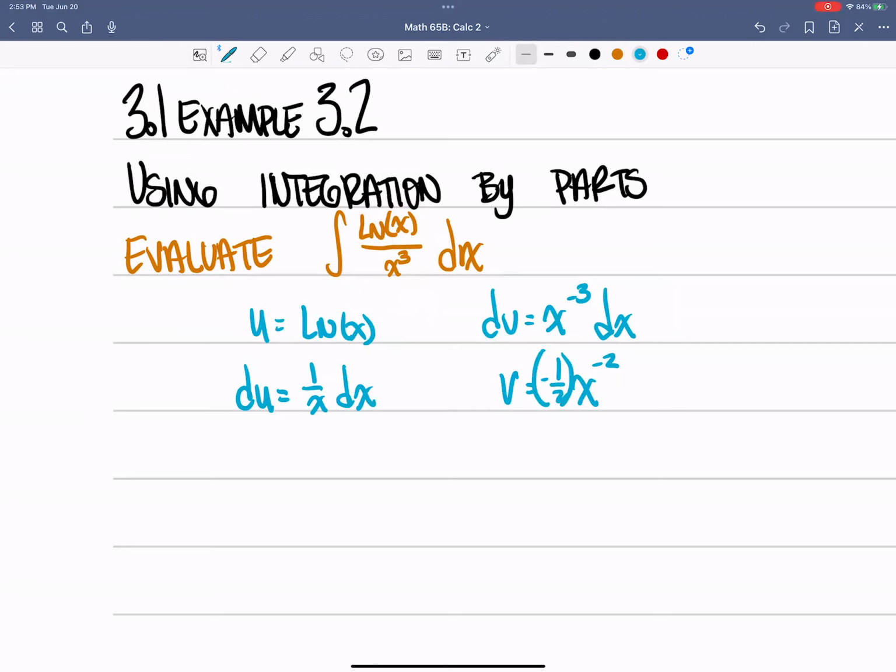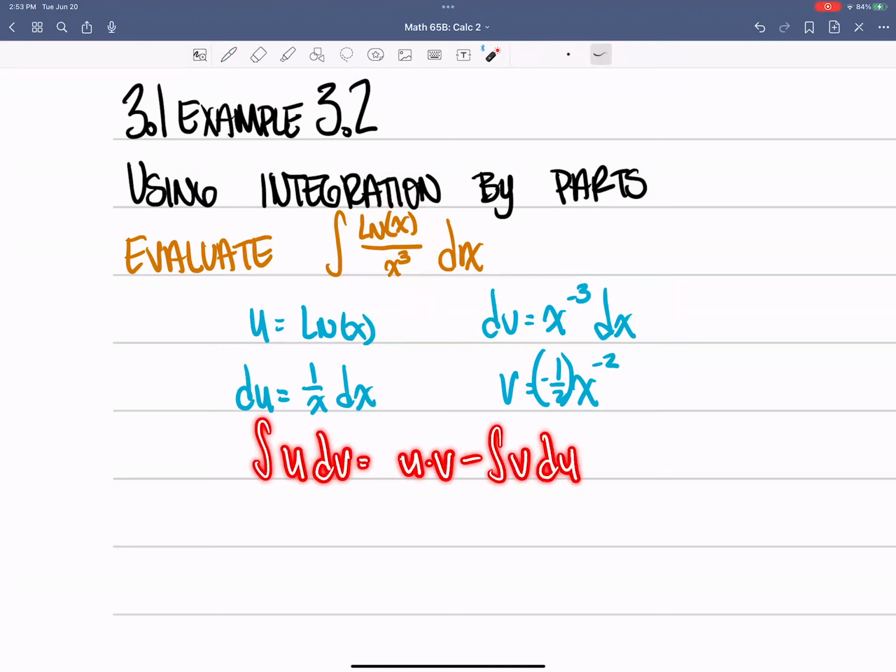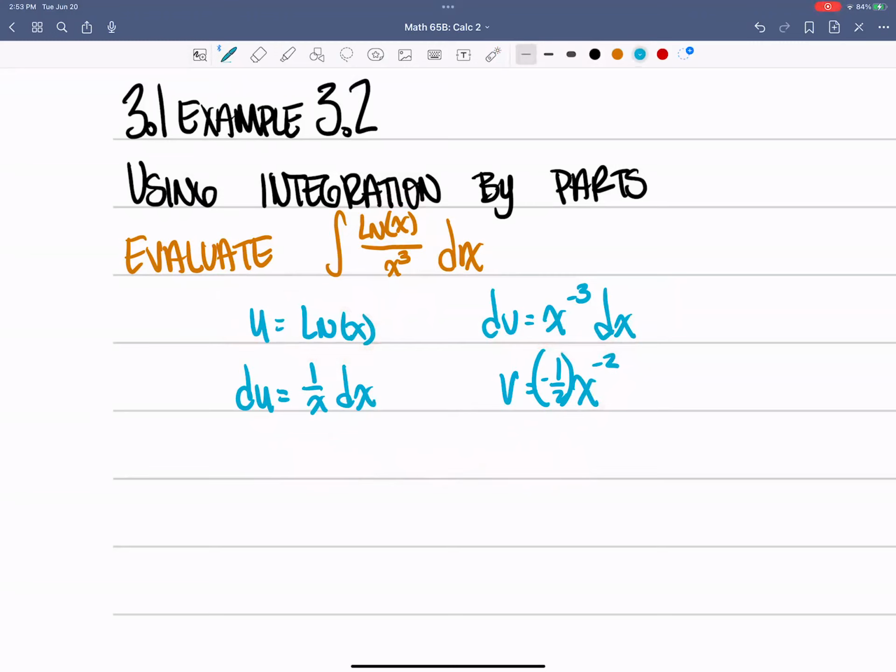And there we go. So again, our formula is the integral of u dv is equal to u times v minus the integral of v du. So we have the integral of ln of x over x cubed is equal to u times v.